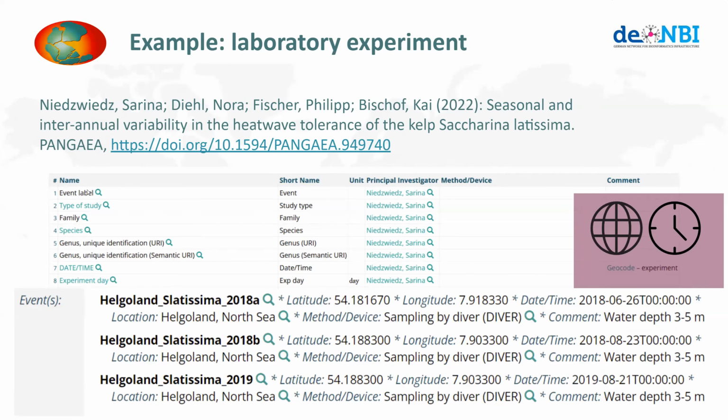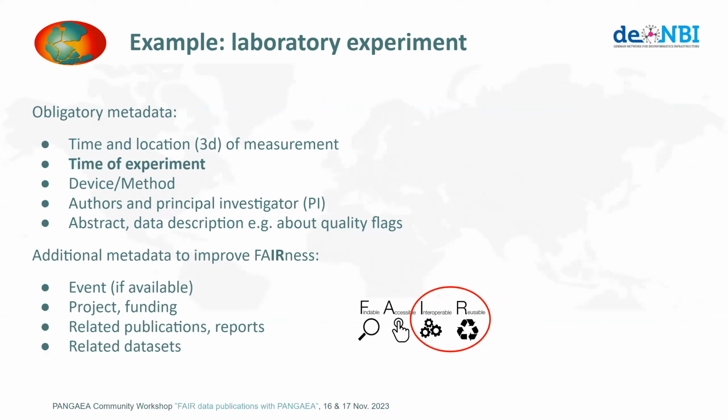So all this information is there so that you know exactly during which event the original data or water sample has been taken. And there is then the latitude, longitude information and the date time information. And also here is the third geocode, the water depth. And then the whole set of your geocode is complete.